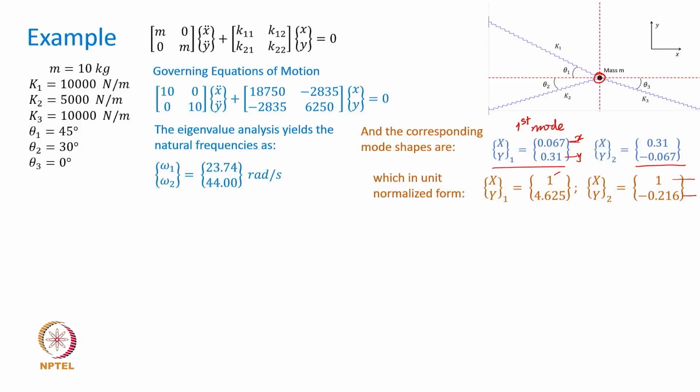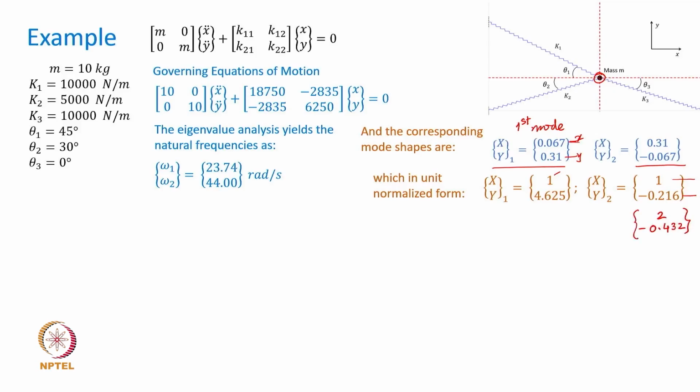It does actually mean that if 1 and minus 0.216 is the mode shape or a displacement pattern, 2 and minus 0.432 is also the corresponding mode shape.